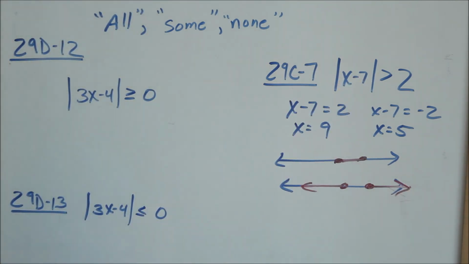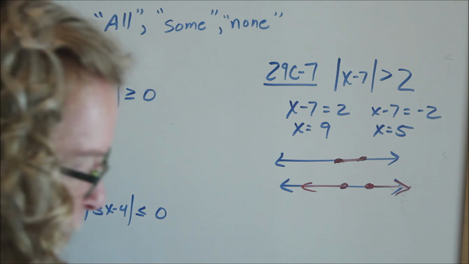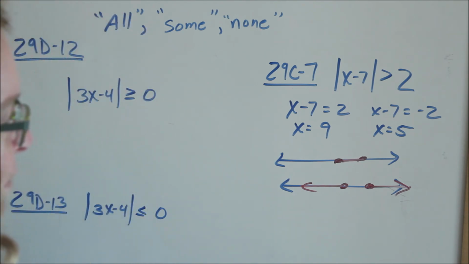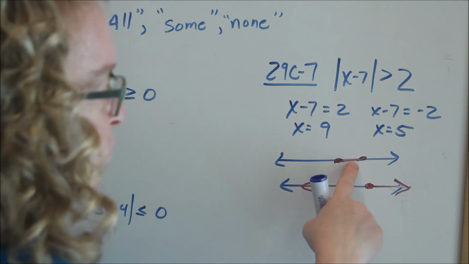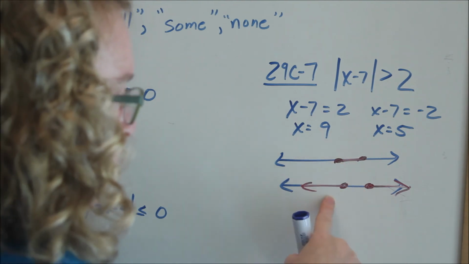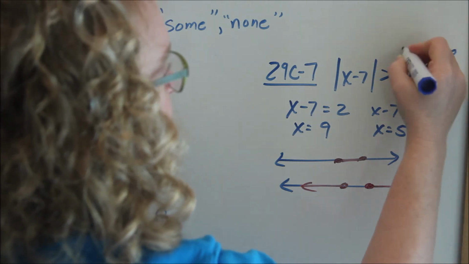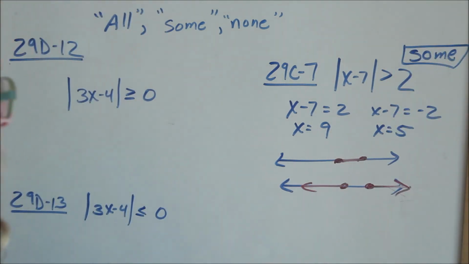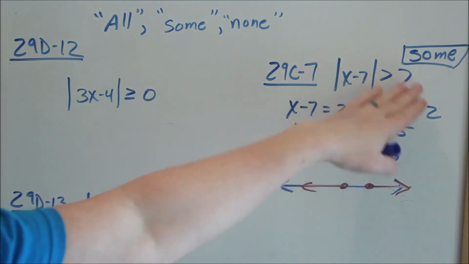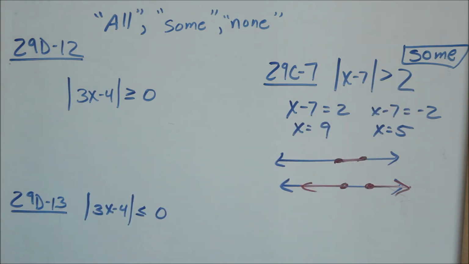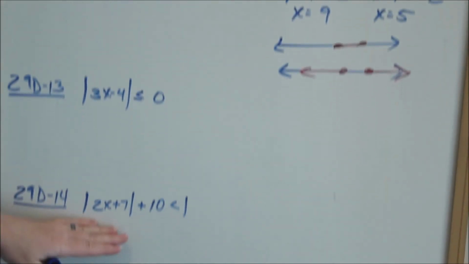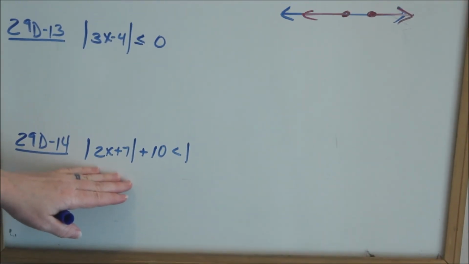Meaning that in this problem, not every number on the number line is going to work. Some numbers do work, but not every one. So since this would represent some, this would also represent some, then for this one, some. Your answer here is just like all the problems we've been working, that would be some. Some solutions work.